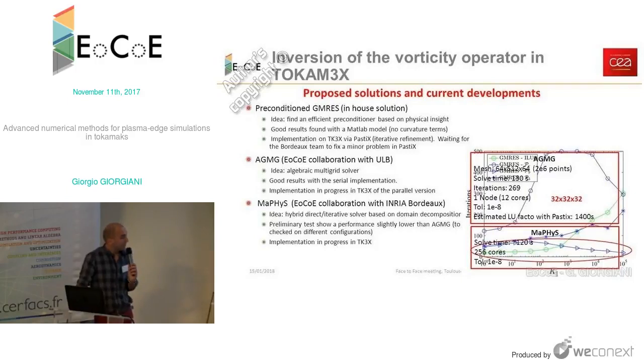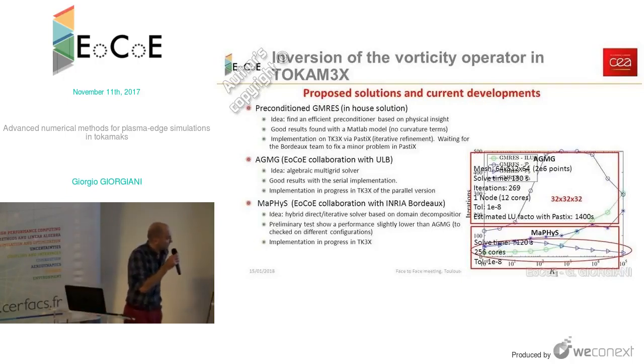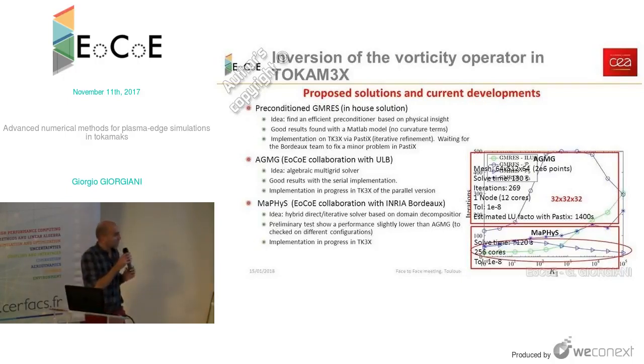Then the last one is the use of the MaPHyS solver, which is a hybrid direct-iterative solver based on domain decomposition. I think we will have a poster on that later. It's already implemented also in TOKAM3X, and the first results are quite promising, maybe slightly lower than AGMG.